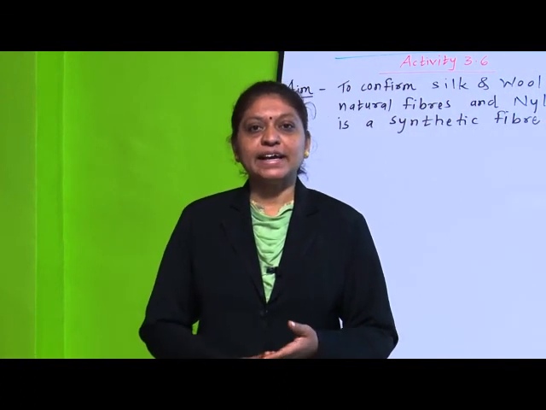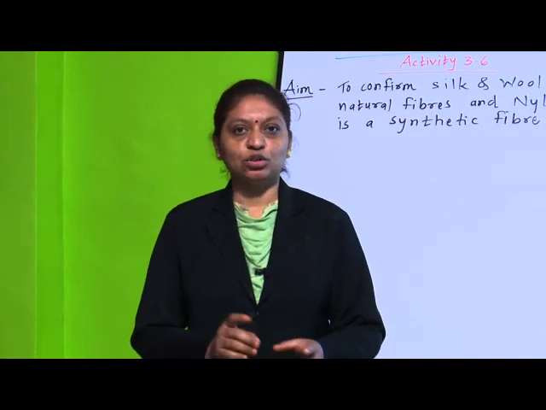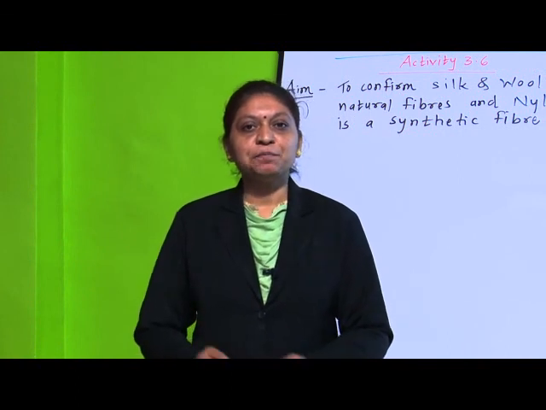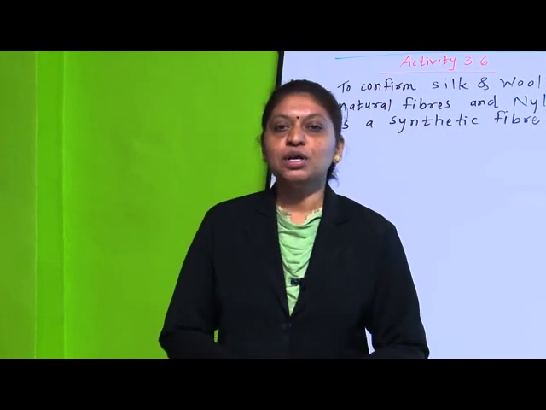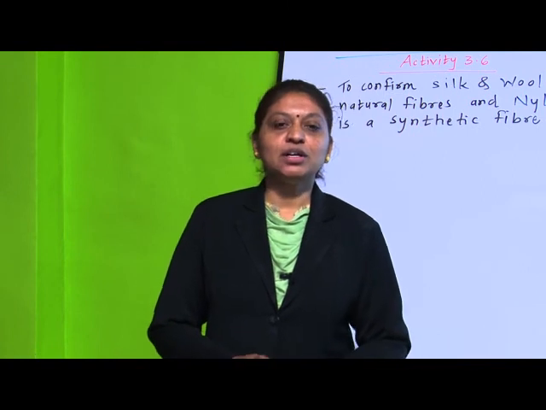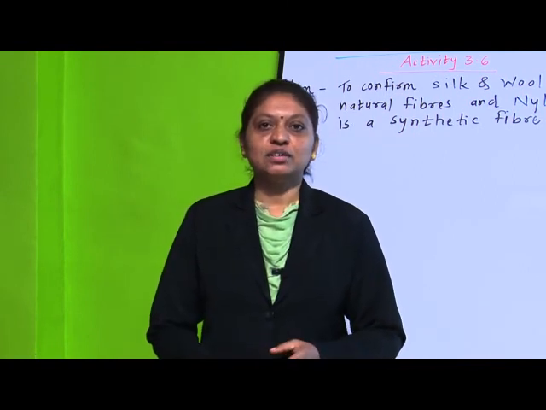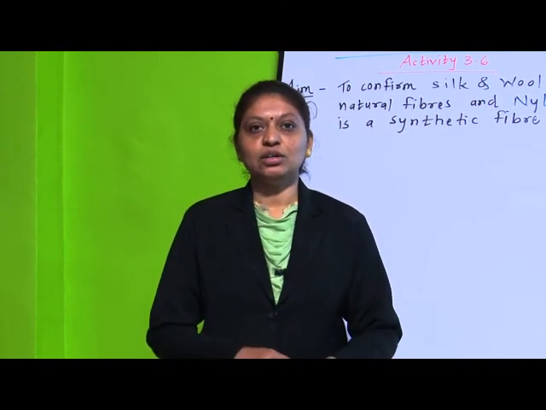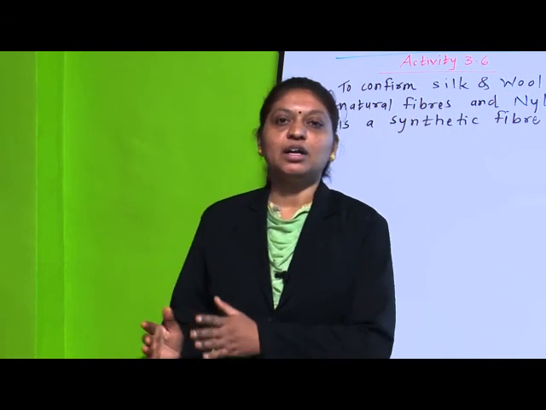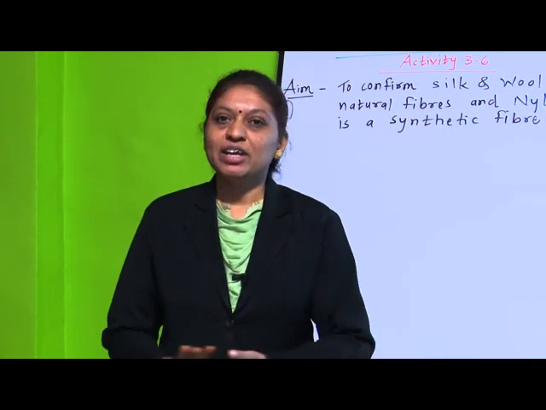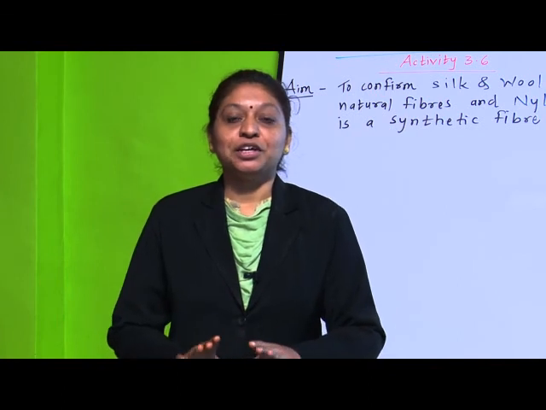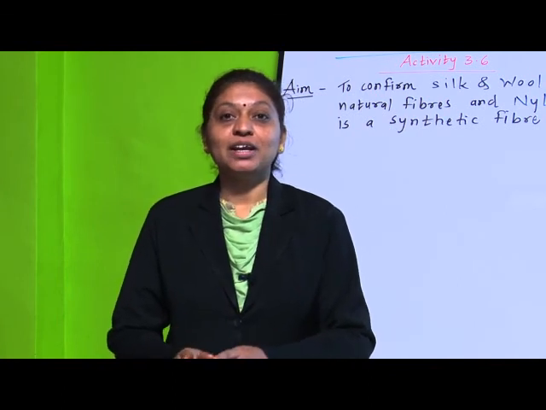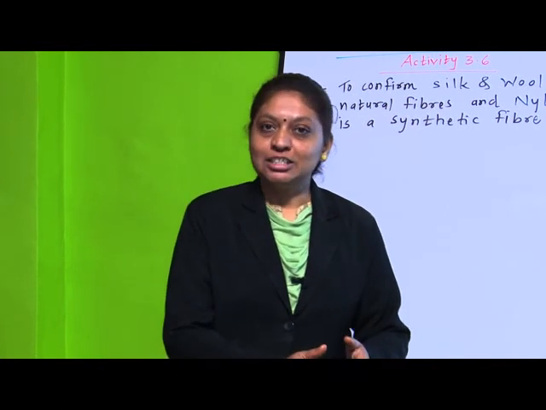Then the second fiber is silk fiber. For silk cloth you do the same activity, and for nylon fiber also the same. What you will observe is that nylon fiber has a different smell, not like wool fiber and silk fiber.